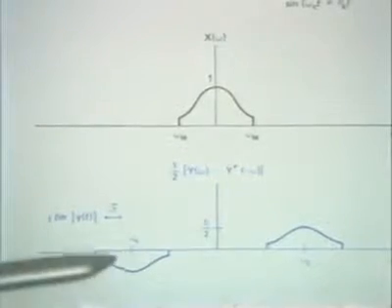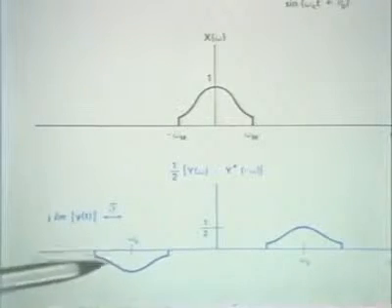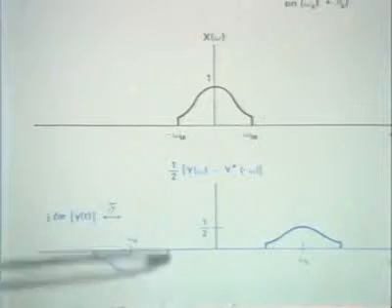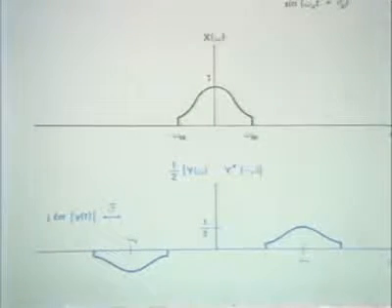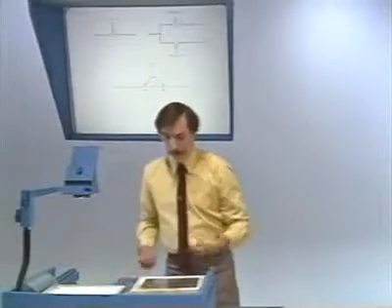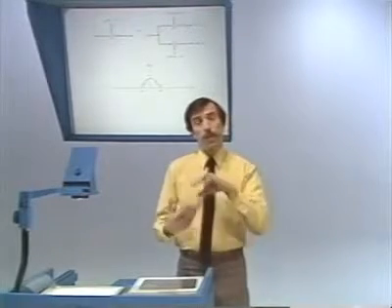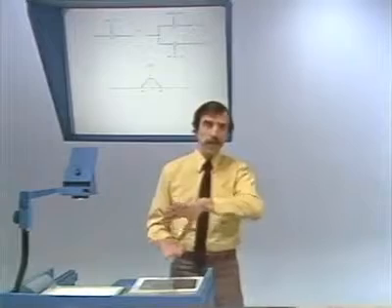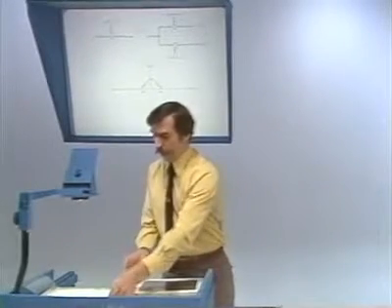Recall in the top branch that this, for positive frequencies, was positive and was positive here. And so in effect, when you add them, this portion of the spectrum will cancel out. So in effect, what we're doing is building the complex signal out of two real signals, or we're building the spectrum of the complex signal out of separate lines that represent the even and the odd parts.